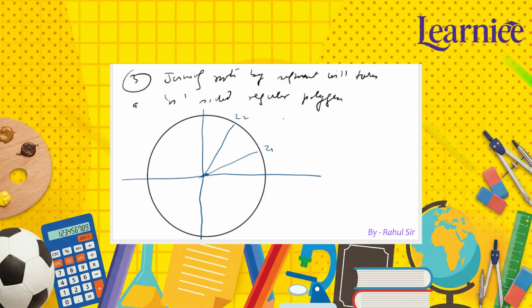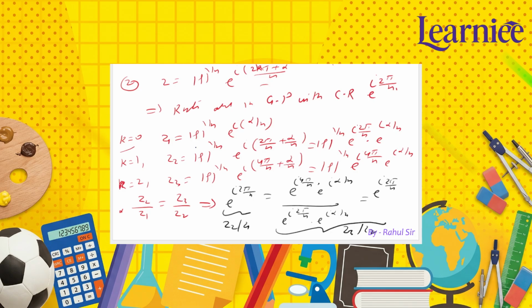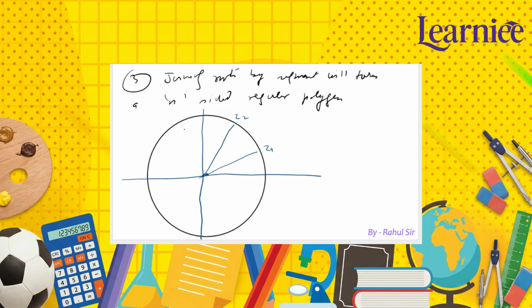So what is z1? We have discussed here. z1 is e to the power i alpha by n, and z2 is e to the power i 2 pi by n into e to the power i alpha by n. By the way, the radius of this particular circle will be rho to the power 1 by n. And what is z1? z1 is e to the power i alpha by n, so this angle, the argument, is alpha by n.